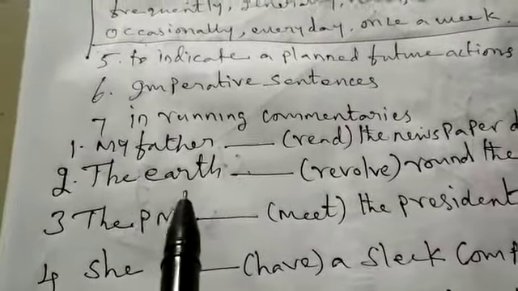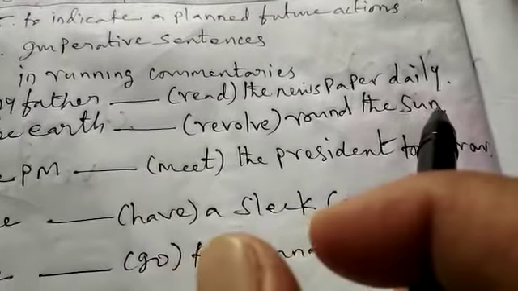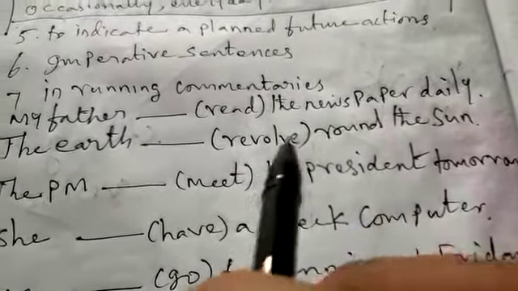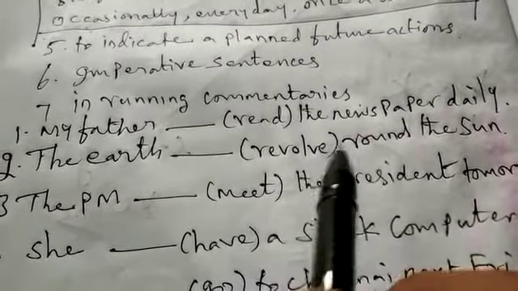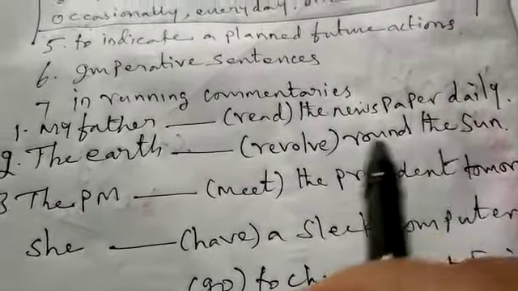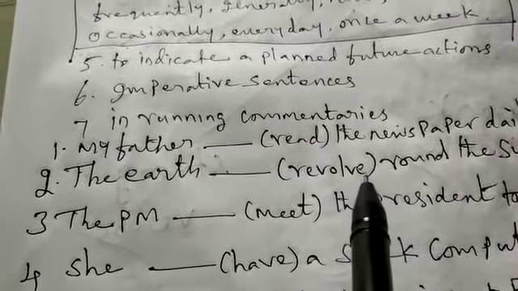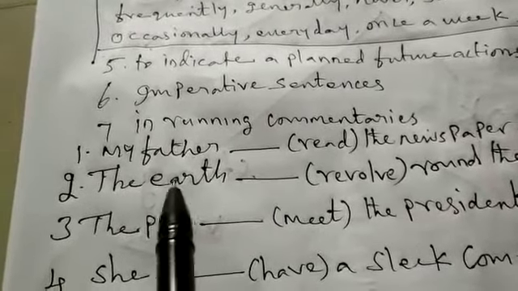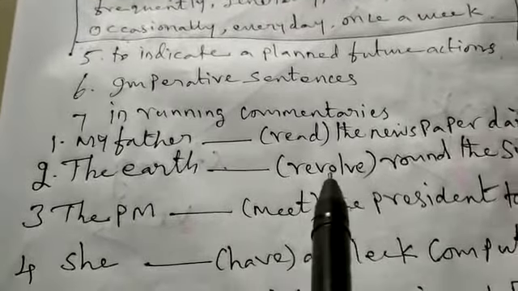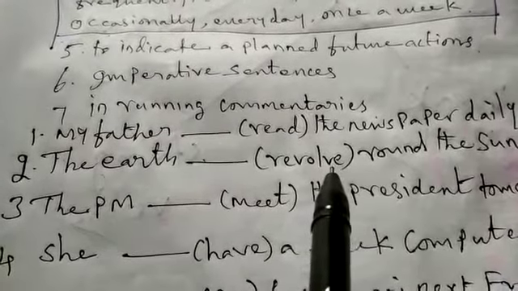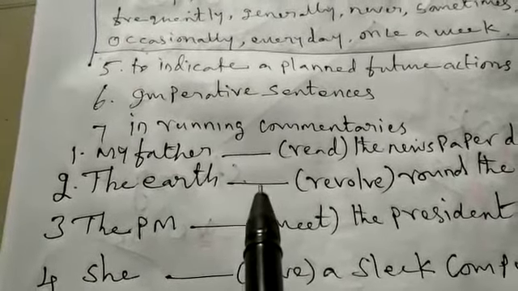Here, the earth revolves round the sun. Revolving round the sun is actually a universal truth, a scientific truth also. So here also we must use simple present tense. Just you add s only. Because the subject earth is singular, we use this verb revolve in simple present tense, so here revolves.